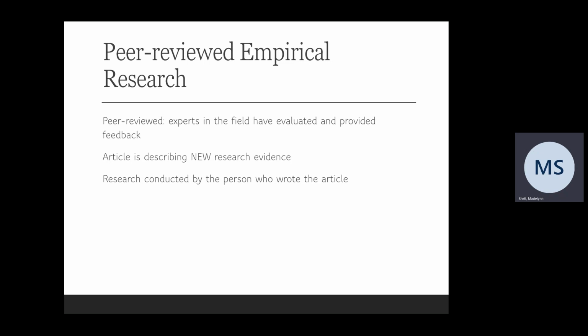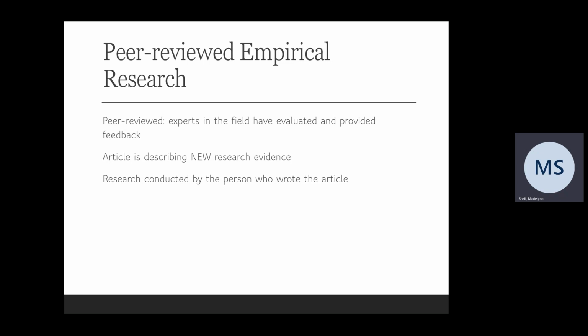And so generally, if you are doing a formal paper, what you're looking for is at the very least peer-reviewed work. Now, when we say empirical research, what we are talking about is that the article is presenting new research evidence. So generally, this means that the research was conducted by the person who wrote the article, which means that they gathered participants, they collected data, they analyzed the data, and they wrote up a summary of what they found.